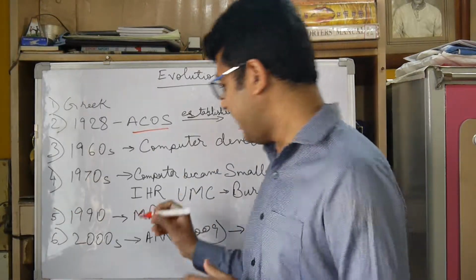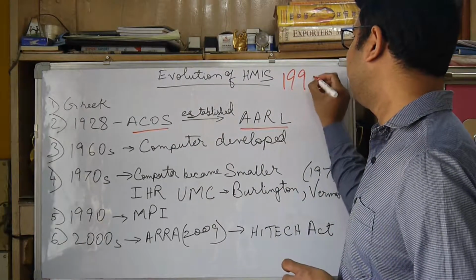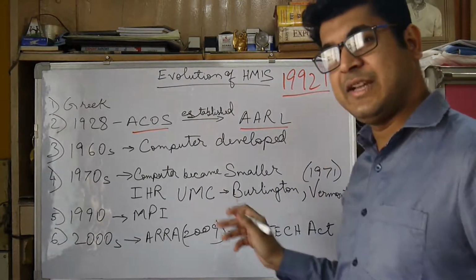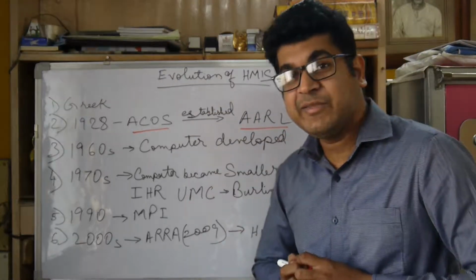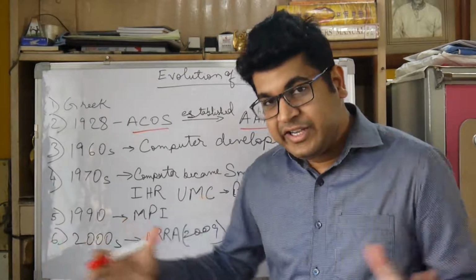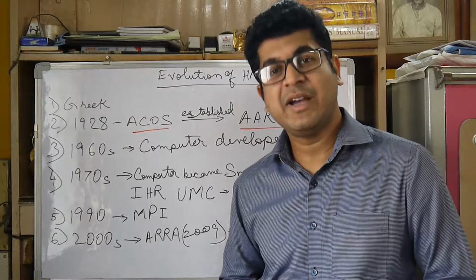So if a patient had one number, say 19921, under this number all the findings were put. We were finally able to integrate all the records and put them into one index called the Master Patient Index.